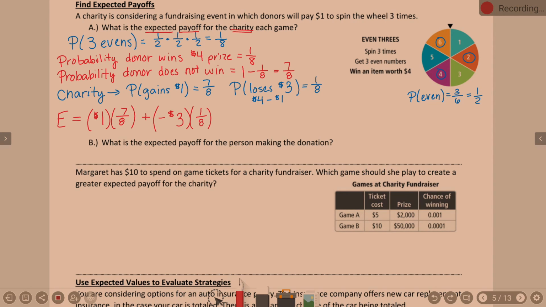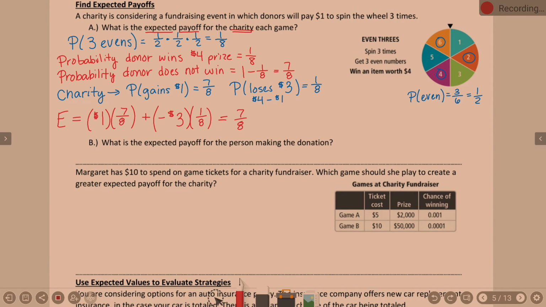Okay? In my brain, it's logical. Am I making it logical to you guys? I'm trying here. So, 1 times 7/8 is 7/8. I left this in fractions because it's easy.